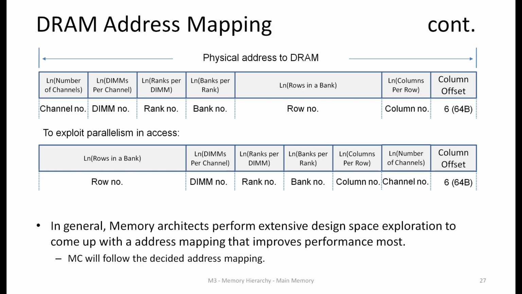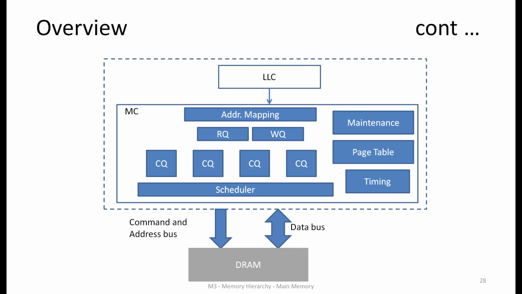That will be encoded in the actual memory controller. So this is the first task of our memory controller, the address mapping. Basically, by looking at the physical address, it needs to extract all the channel, DIMM, rank, bank, row, and column numbers.